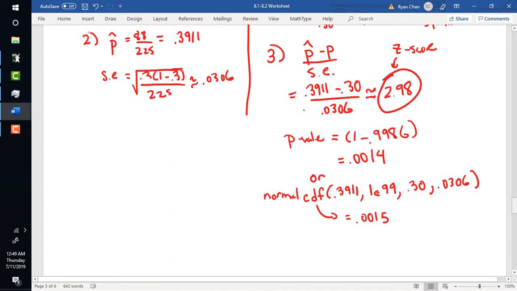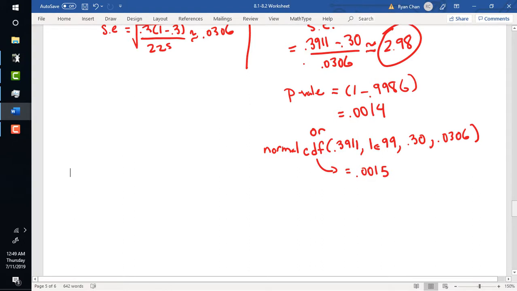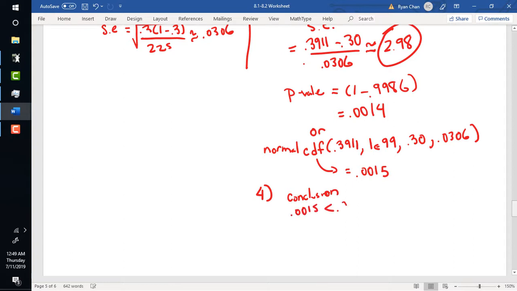So what does that mean? We're saying the chances of this happening, that 30% of people recover their eyesight, is 0.0015, or a 0.15% chance of happening. That seems very unlikely. So part 4 is we make our conclusion. We notice that 0.0015 is less than 0.05. So since that's not likely, we're going to reject the null.